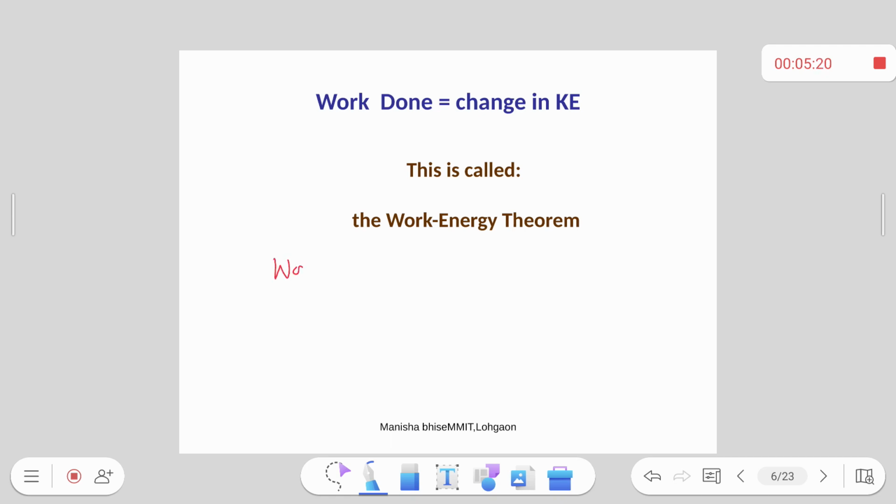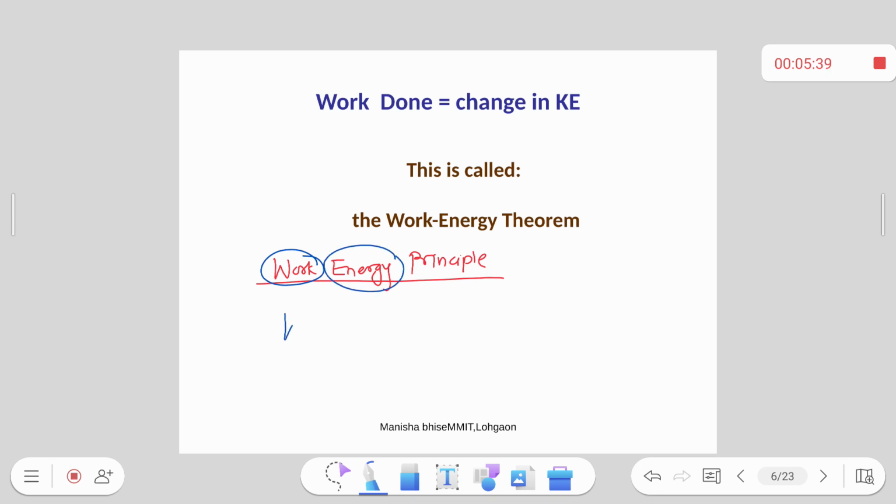Work energy principle. It is very simple to remember this principle. How to remember it? Work equals energy.